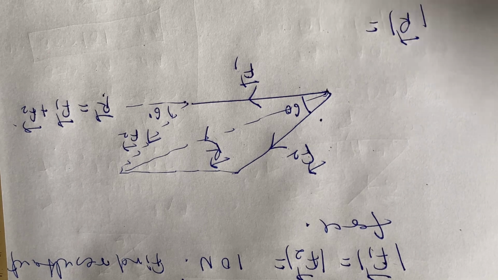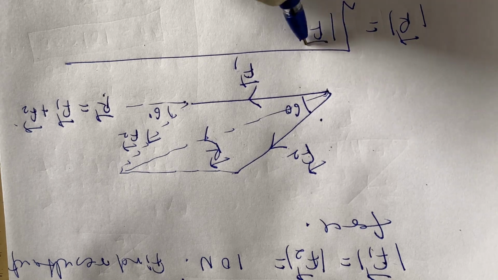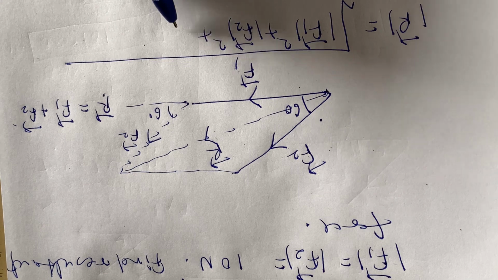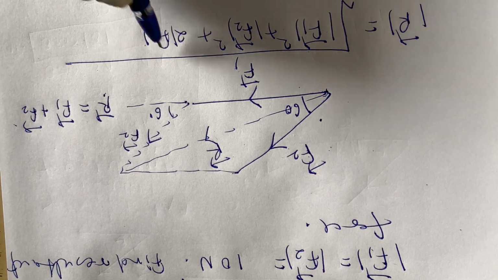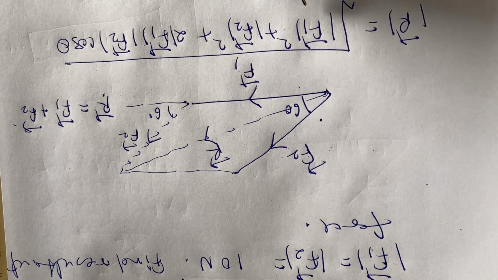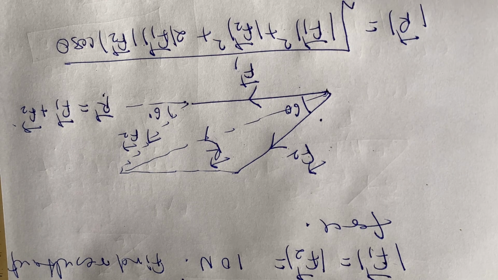By the earlier law, the resultant will be equal to the square root of magnitude of F1 square plus F2 square plus 2 times F1 F2 cos theta. Sometimes we say F1 mod square. You can also simply say F1 square plus F2 square plus 2 F1 F2 cos theta. It's not necessary to say modulus every time.